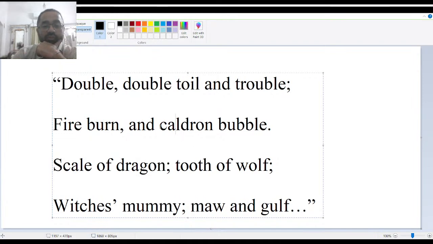Not much difference, because cauldron and caldron are basically two syllables. Let's call it cauldron.